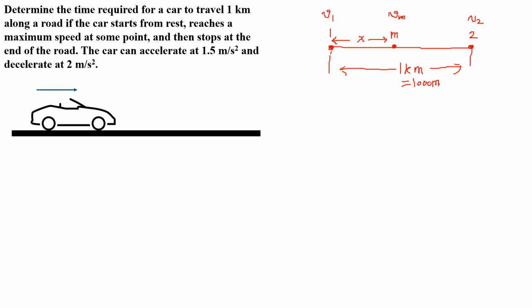So between M and 2, if the whole is 1000 meter, it will be 1000 minus x.